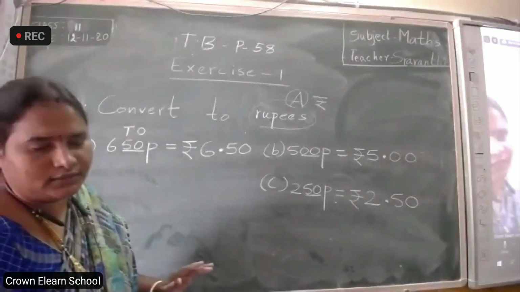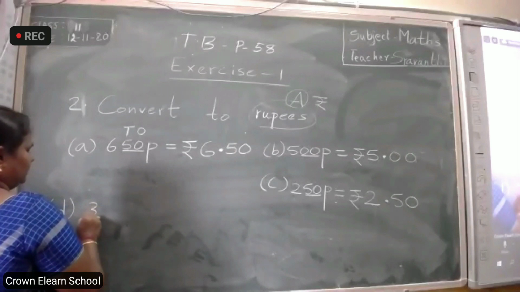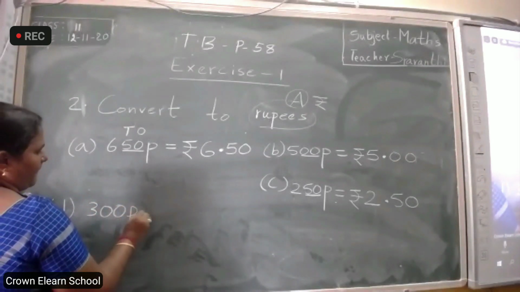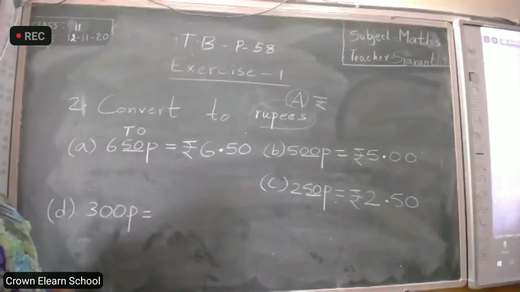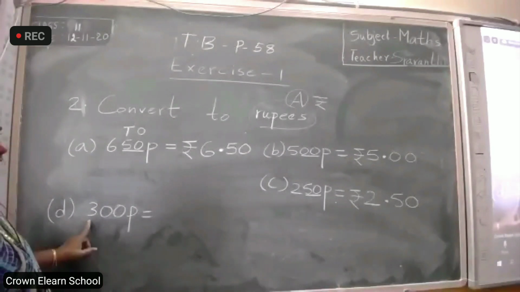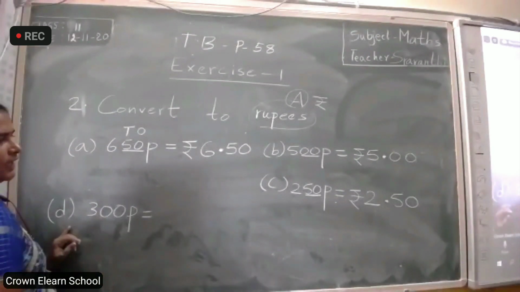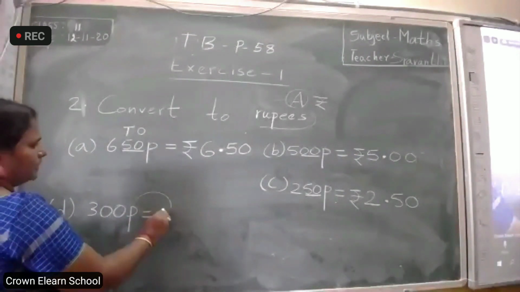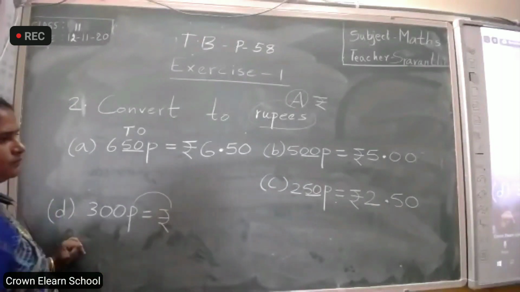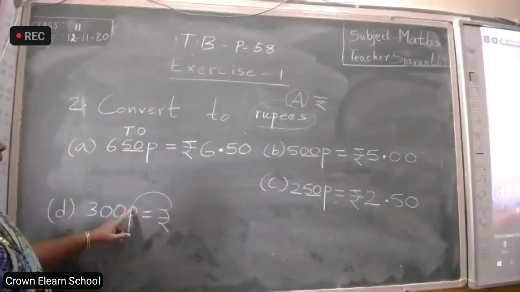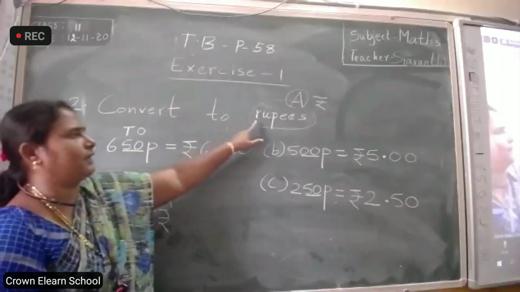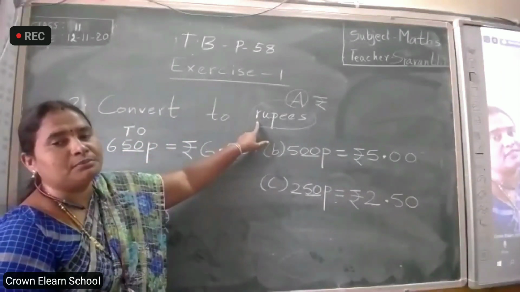Are you doing 300 paise? 300 paise. So let us write. Here also paise symbol to rupee symbol. Change, convert the symbol. Convert to rupees. So the rupee symbol in the answer.